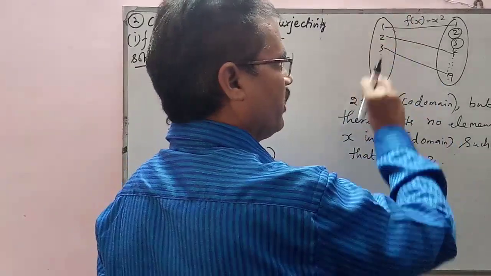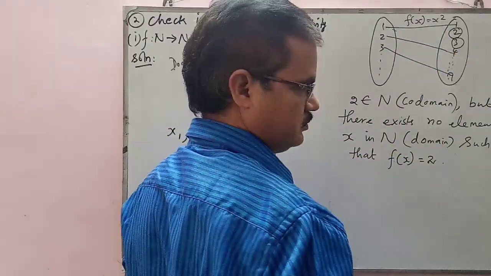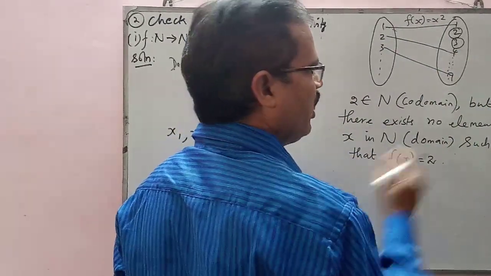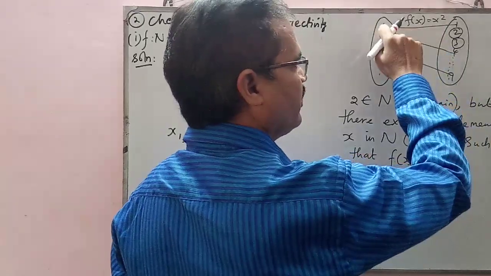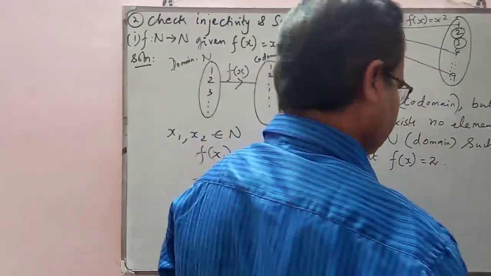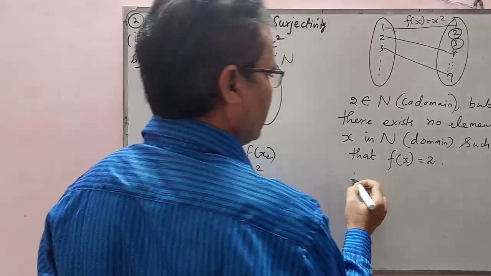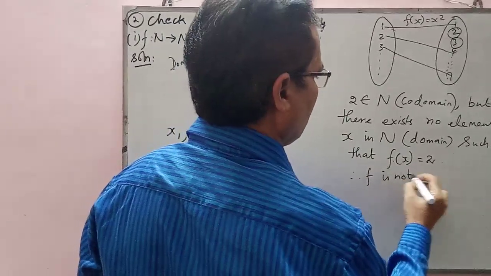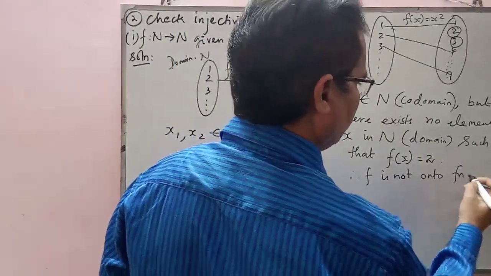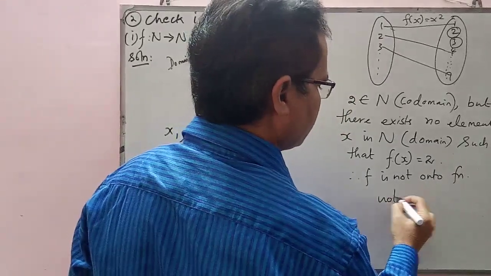Whatever x you put, f of x never becomes 2. Okay, children, that is the meaning. Or you can say 2 is not an image of any element in the domain. Therefore, f is not onto function, which means it is not surjective.